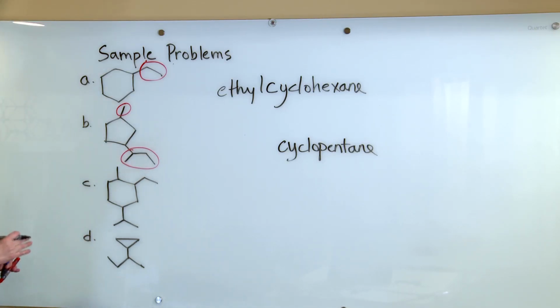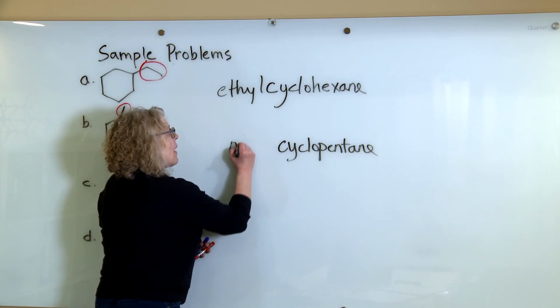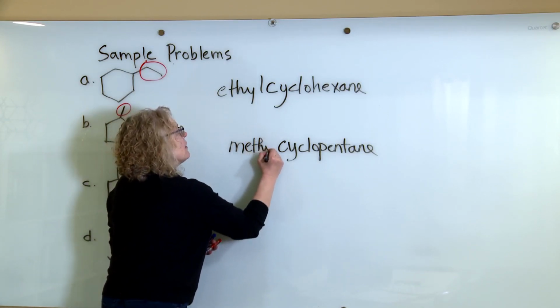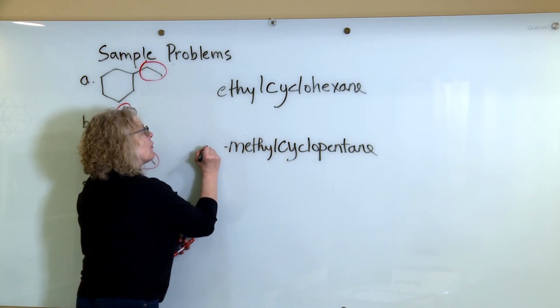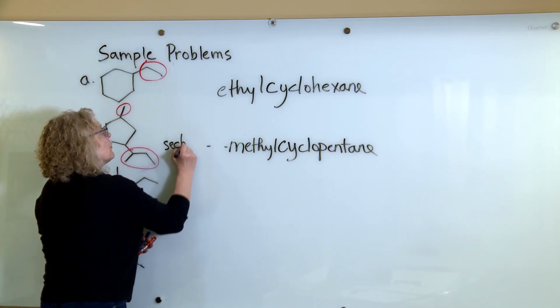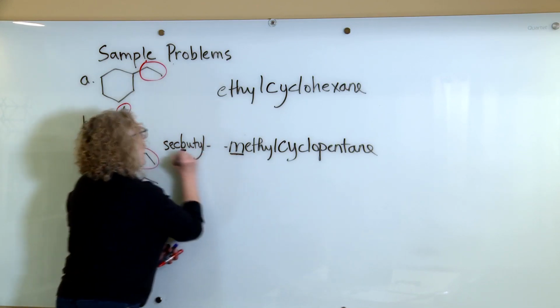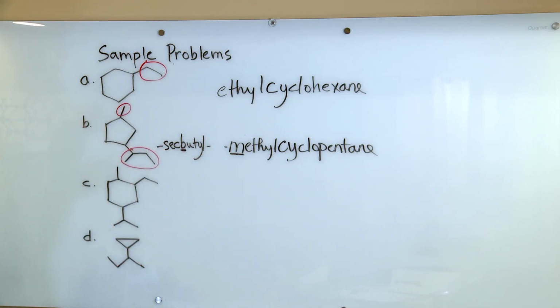So this methyl goes second in alphabetical priority. The sec-butyl goes first. So we say this is a methylpentane. Leave a little space for the numbering. And then this is a sec-butyl. B goes before M.